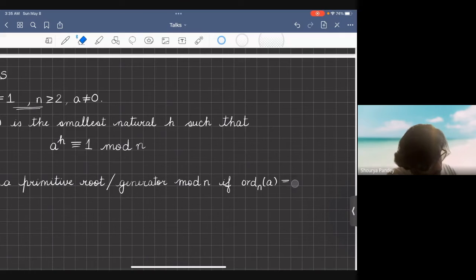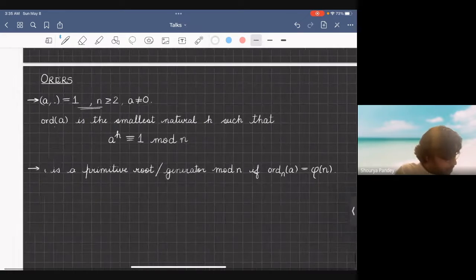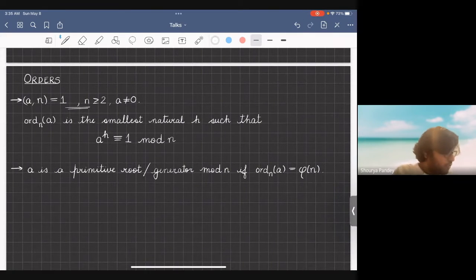I use the other phi, I keep using this. So we have these two definitions.